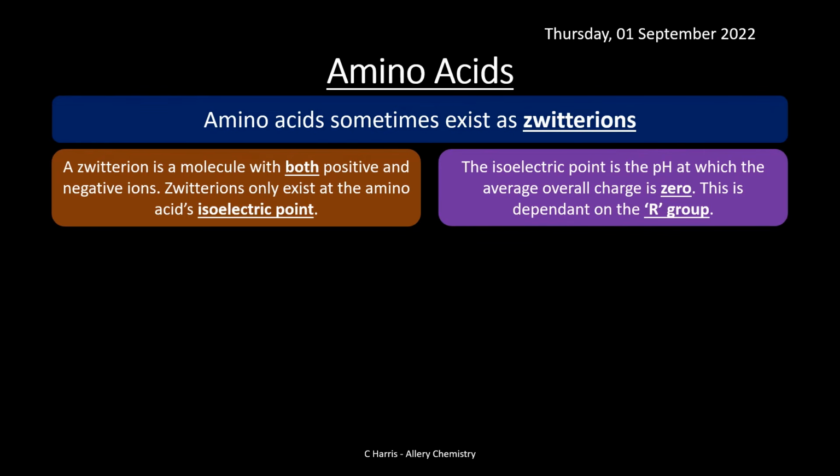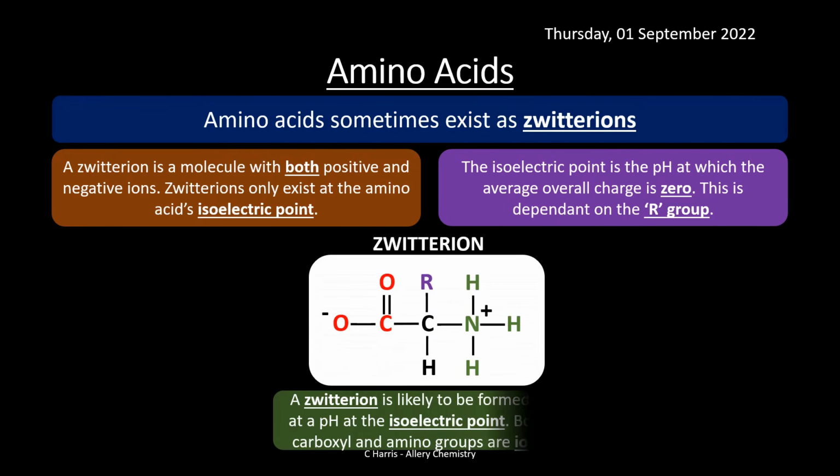The isoelectric point is the pH at which the average overall charge is 0, and this is dependent on the R group. So a zwitterion is likely to be formed when the pH is at the isoelectric point.